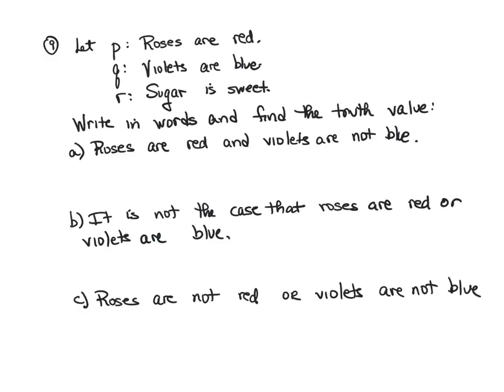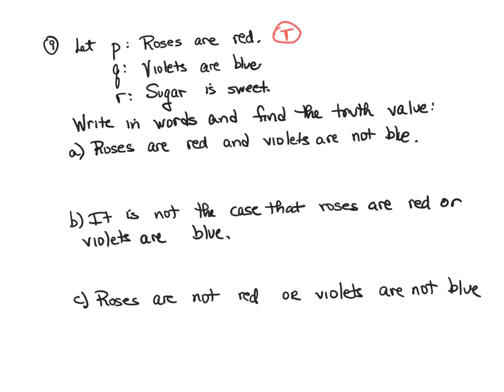What we have to practice in logic is to translate words into mathematical symbols and find the truth values of the final statement. So let's copy these in our books. Let P represent "roses are red." All right, I'm going to assign a truth value for that statement. I'm going to say that's true.